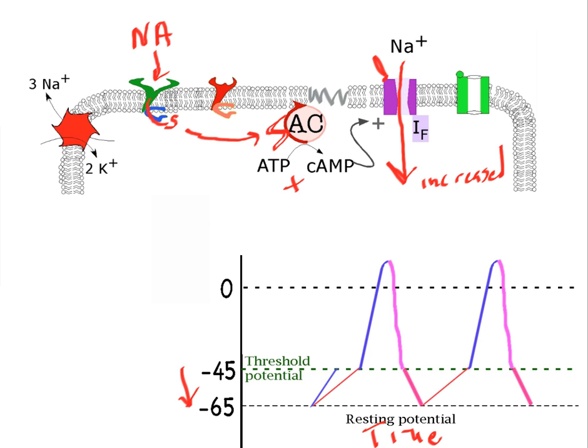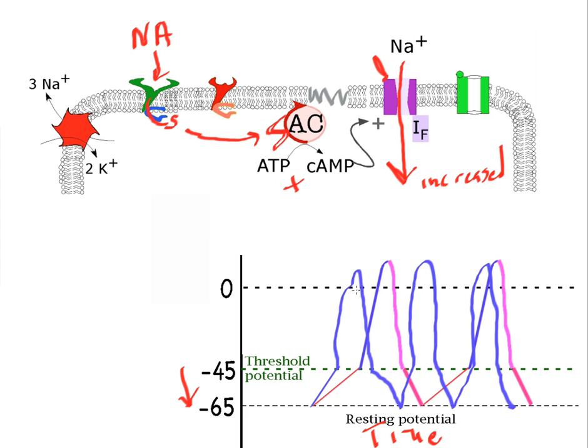Oh, do I dare draw an action potential? I'll try. So now you have a situation that looks like this. That action potential is going to be just the same length as it was, but this pacemaker potential is going to be quicker. So you're going to go like that. Now you see you've gotten many more action potentials per unit time, therefore your pulse is increased.